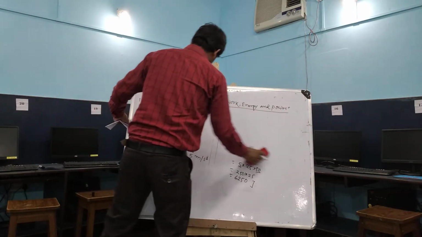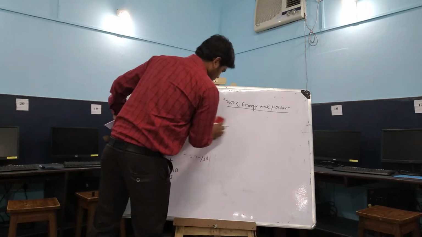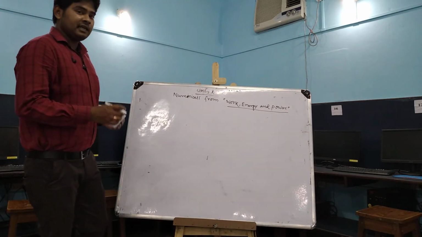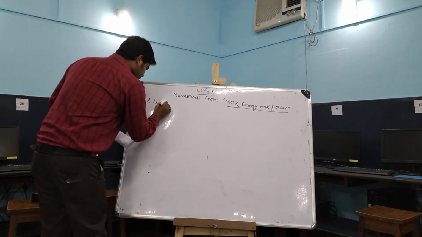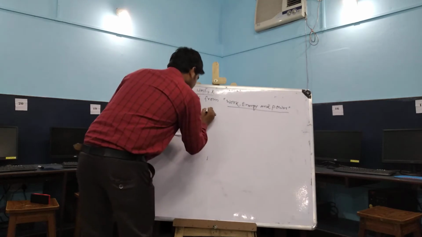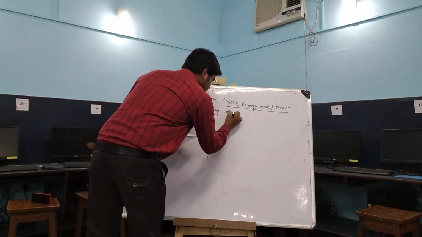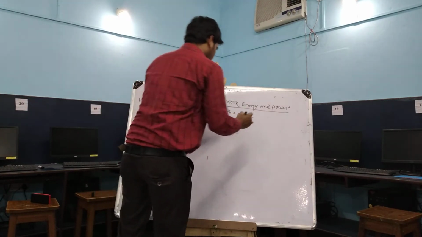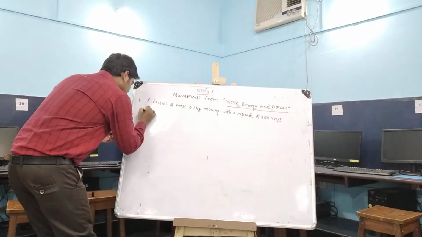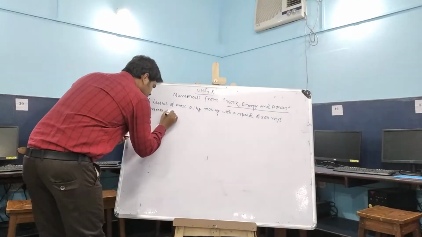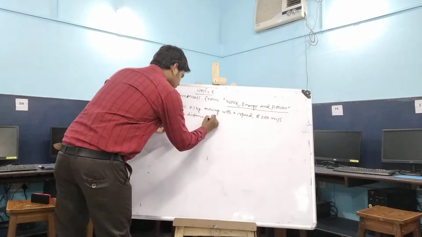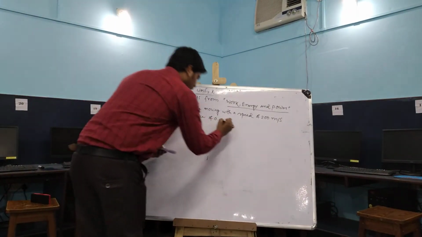The next one is: a bullet of mass 0.1 kg moving with speed of 200 meter per second penetrates a distance of 0.1 meter in a wooden block.